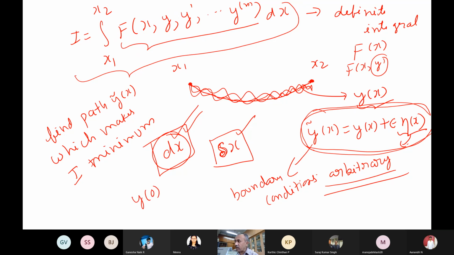For example, y bar at L is equal to 0, eta of L has to satisfy it. You can't take whatever you like; it has to satisfy some boundary conditions, like zero or something like that. And of course, as rightly pointed out, some natural boundary conditions will also come.